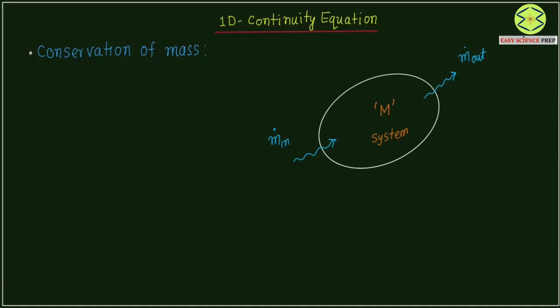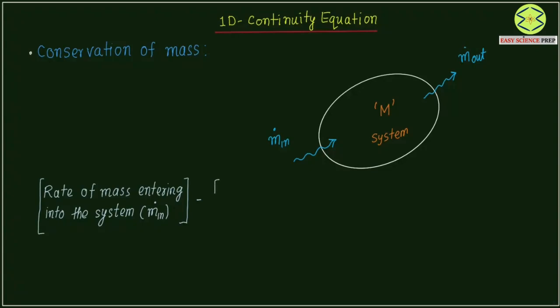So the conservation of mass talks about the balancing of masses which are entering into the system, leaving out of the system, as well as which are stored in the system. We can write down the conservation of mass for this given system as the rate of mass entering into the system, which is m dot in, minus the rate of mass leaving out from the system, that is m dot out.